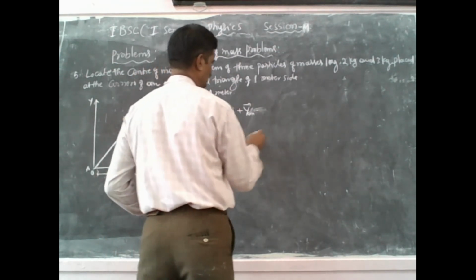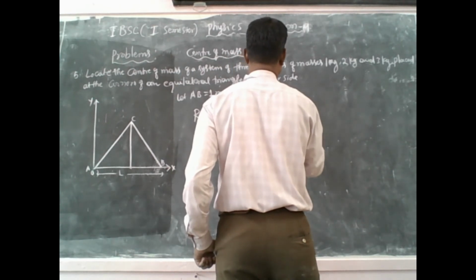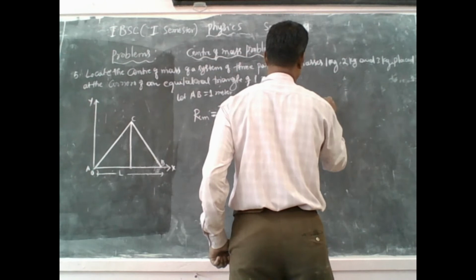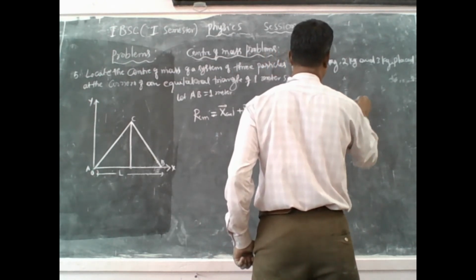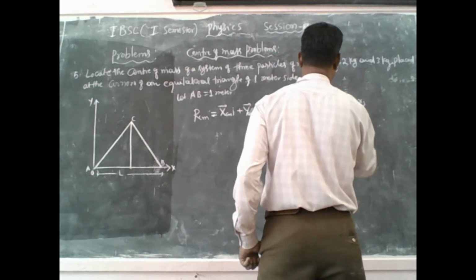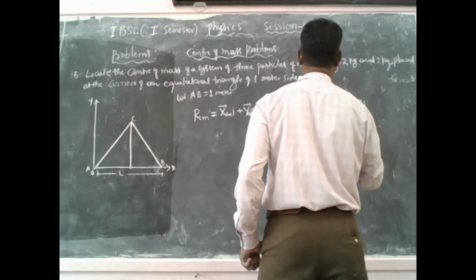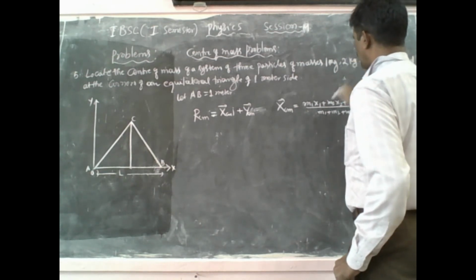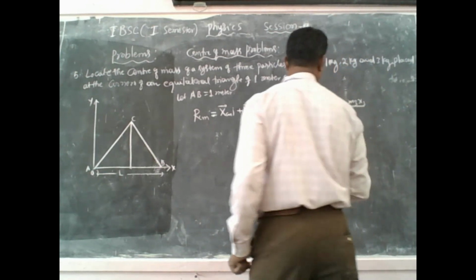So in this way we can do this problem. XCM equals M1 X1 plus M2 X2 plus M3 X3 divided by M1 plus M2 plus M3, because there are 3 particles.